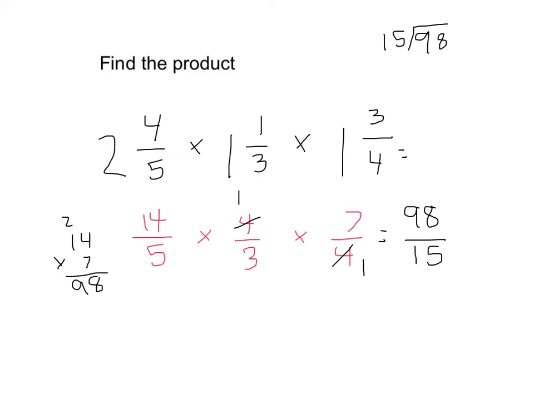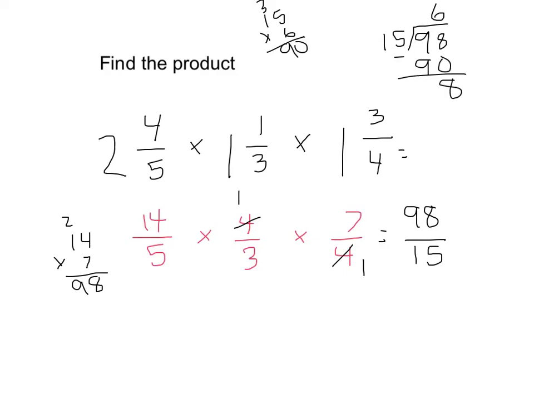I'm going to go ahead and guess a 6. And if I wanted to figure out 15 times 6, I can just do the work for that. 6 times 5 is 30, carry my 3. 6 times 1 is 6, plus 3 is 9. What a good guess that I had. Subtract it, I have 8 left over.